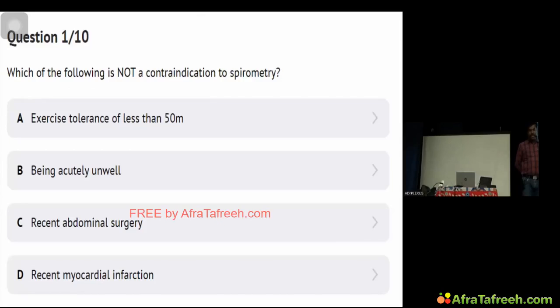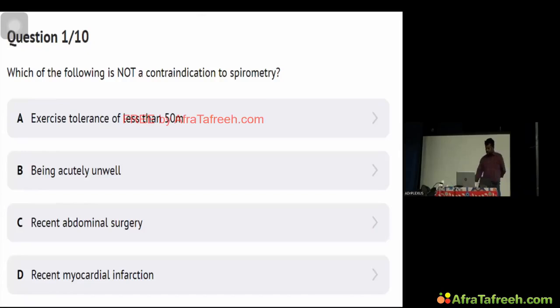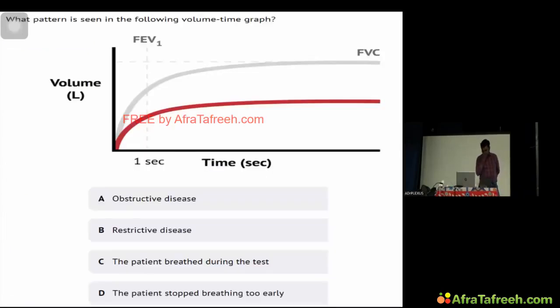Exercise intolerance means the patient walks 50 meters and develops breathing difficulty. It means the interstitium is getting involved. Whenever the patient walks, the demand is more but the supply is less. So it is a case of restrictive lung disease, so it is not a contraindication. It is away from the main graph, so it should be restrictive lung disease.